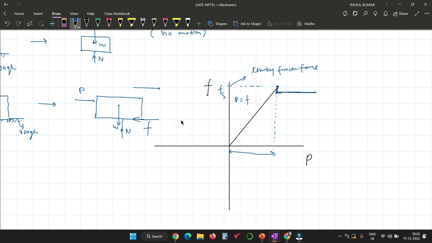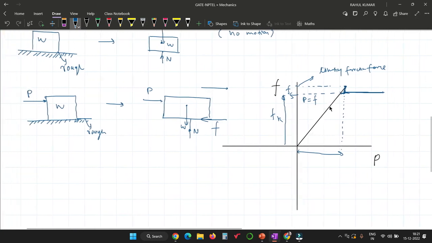After this point, when you apply the external force beyond this amount, the frictional force will drop and become constant. After this point it is called kinetic friction. Kinetic friction means the block starts to move. There is some reduction in frictional force, and after this the amount of friction remains constant.